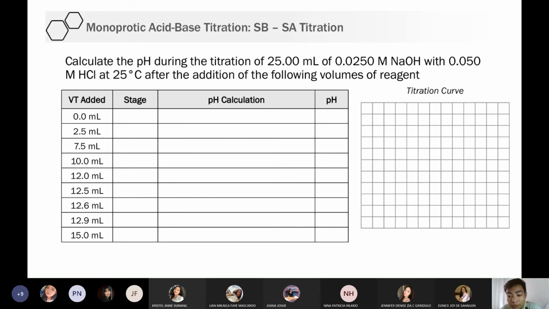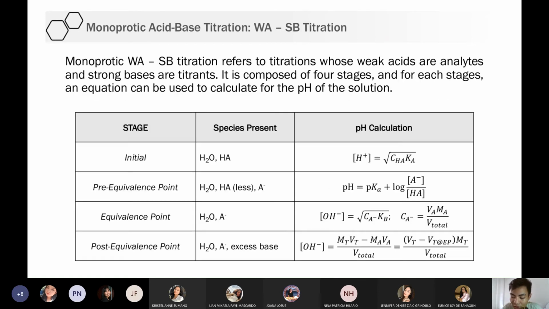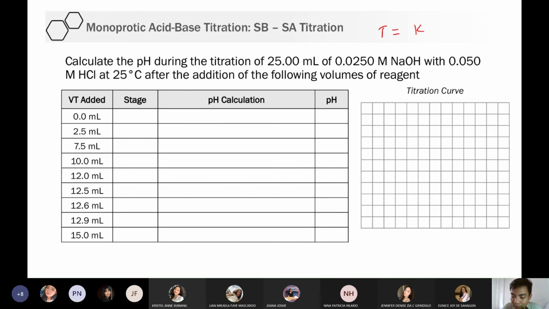Okay? So, before we end our session today, sir, paano po pag nag-iba yung temperature? Di ba sabi natin last time, yung temperature ay related sa equilibrium constant, di ba? So at 25 degrees Celsius, Kw is 1 times 10 raised to negative 14.